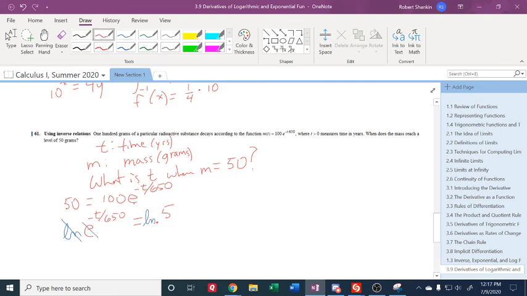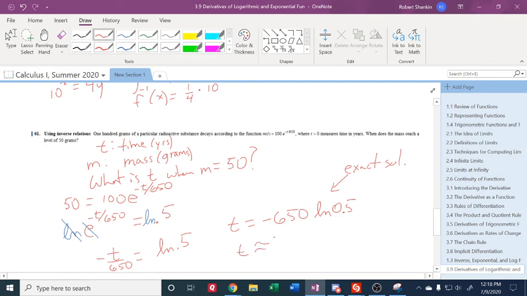So now I get, so then I multiply both sides by negative 650. This is what I'm going to call my exact solution, and then I'm going to punch this out into my calculator.